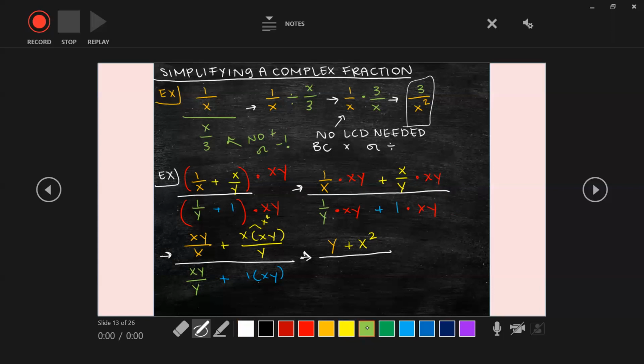When I'm looking at xy over y, do I have anything that can cancel? The y, so what's going to be left? x. And then I have 1 times xy. So that's just going to be plus xy. This guy is your answer.